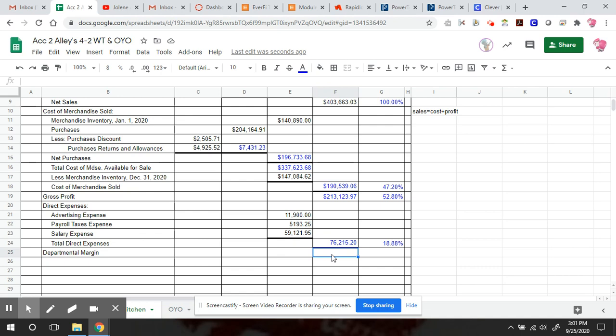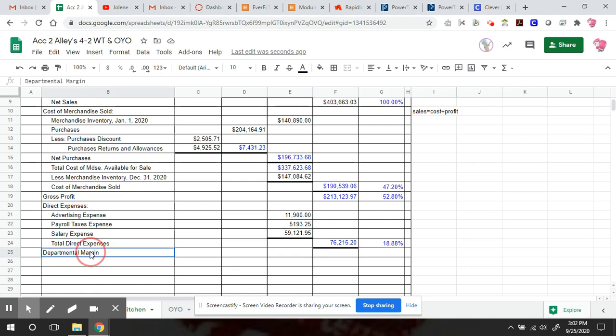Now they want to know how much you're going to give the rest of the store. How much did the kitchen department work, and how much of a dollar value are they giving back to the rest of the store to help pay for everybody's electricity and phone and water, insurance and all that kind of stuff. So we have to find out what the margin is.